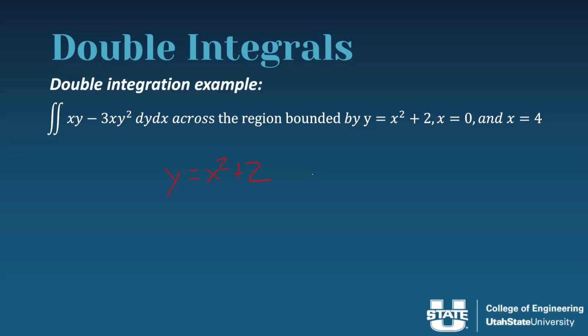Subtract the 2 and then square root the y minus 2. So you solve for x, and then you do have to check whether it's still the upper bound or the lower bound. Sometimes they'll switch. But yeah, sounds like you guys got a pretty good handle on it. Woo, sweet.